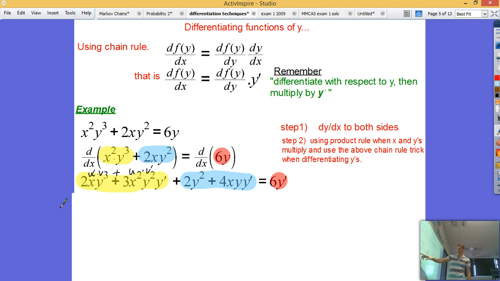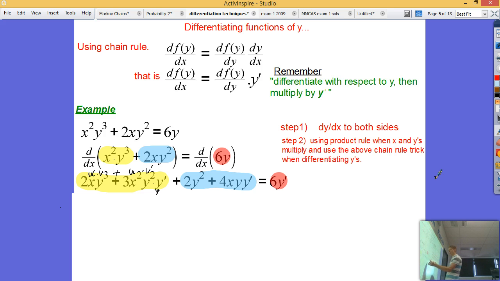Understand? Now, this here is where the chain rule kicked in. When we differentiate the y to the power of 3 with respect to x, first with respect to y that becomes 3y squared, and then we multiply by y dash at the end, okay? And we have a similar kind of process for differentiating the next term, the blue section, okay?